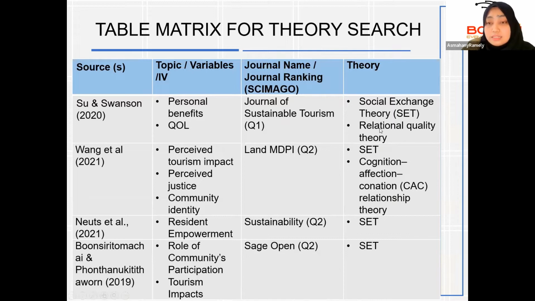The inconsistent use of theory is not based on nothing. It is based on the independent variable that the researcher uses in their study.